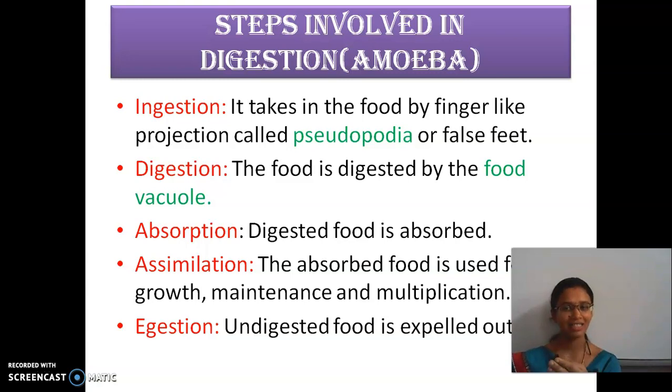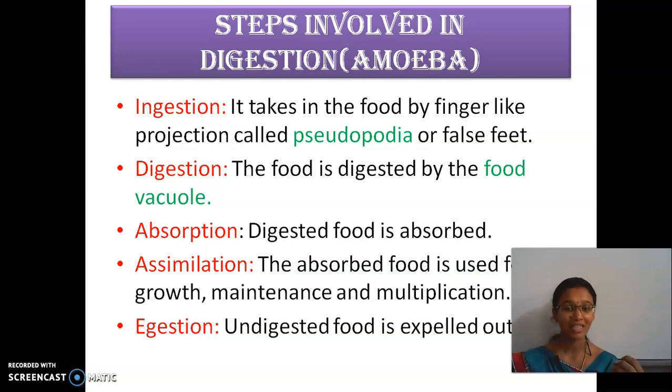But in amoeba, the ingestion is done by finger-like projections called pseudopodia. Pseudopodia, here P is silent, right? So you need to say only pseudopodia. Okay, that is false feet. I will show you the pictures in the next slide.